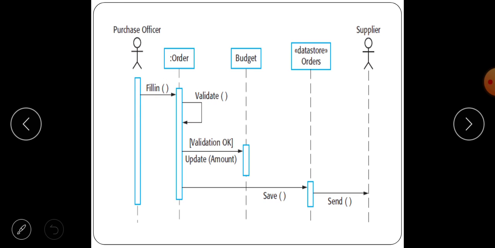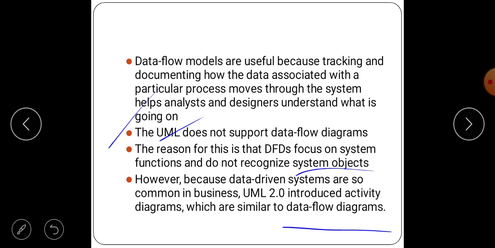Then you can see that this is an activity model of the insulin pump operation. This is an activity model, meaning the activity diagram is the alternative for the data flow diagram.